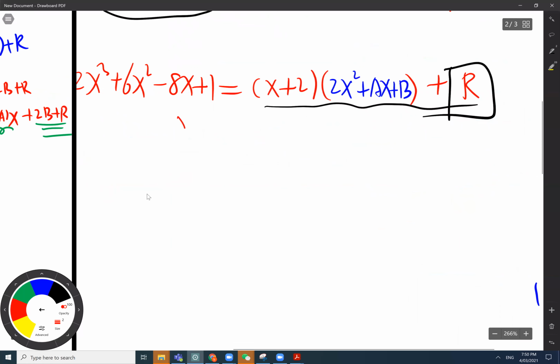Yeah, we make x -2. We have r just 25. We can try any x value. For example, if x equals 0, what happened? If x equals 1, what happened?